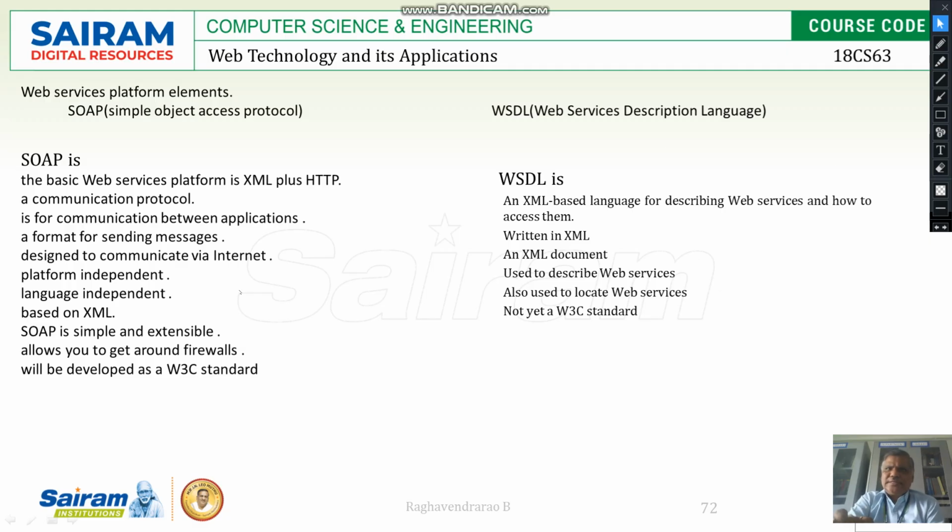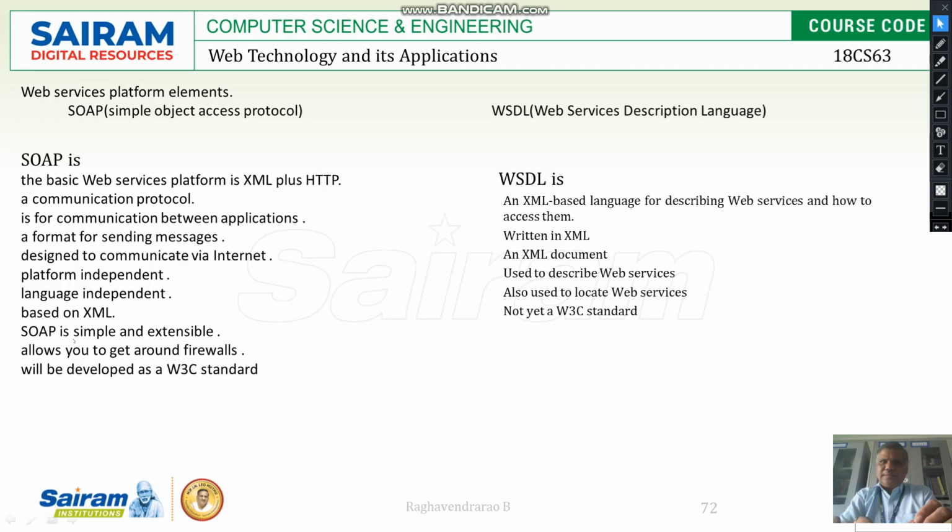So what exactly is SOAP? SOAP is a basic web service platform which uses XML and HTTP, and it's a communication protocol used between systems that communicate, and for communication between applications also. There's a particular format for sending messages, designed to communicate via the internet, and it is platform independent, language independent, and based on XML.